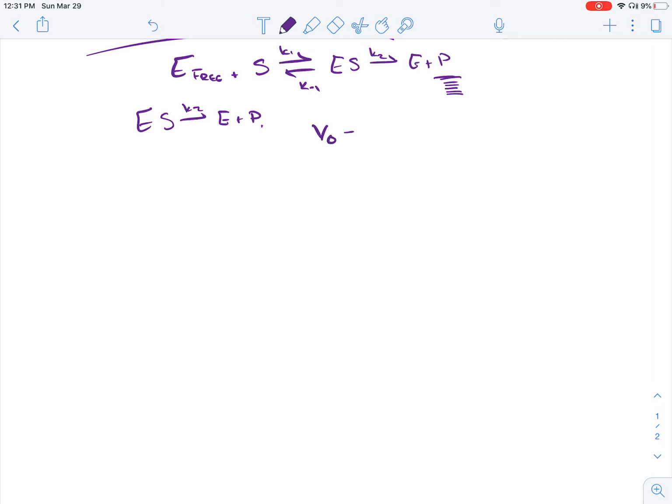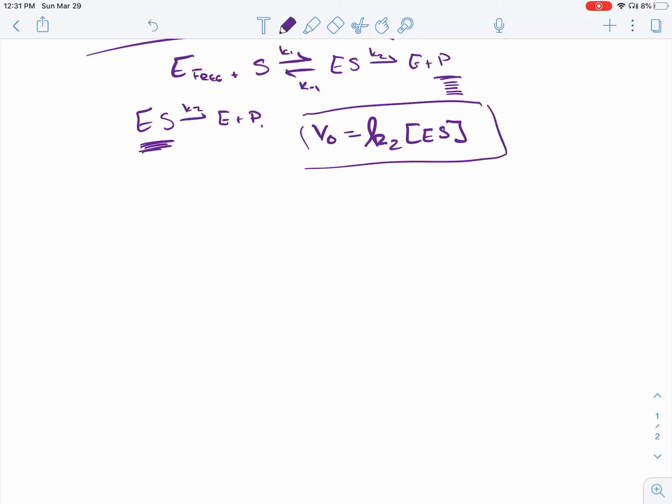V0 is a function of the substrate concentration, right? In this case, the substrate is ES. So V0 is equal to K2 ES, right? Ultimately, this is all we're trying to get to, is to figure out this expression. V0 is equal to K2 ES, right?